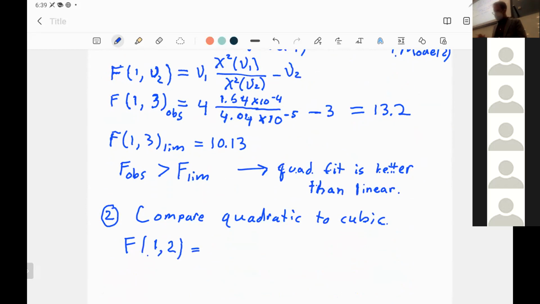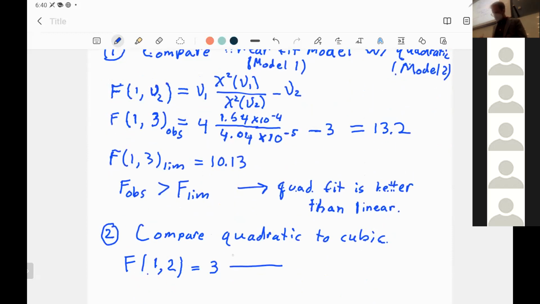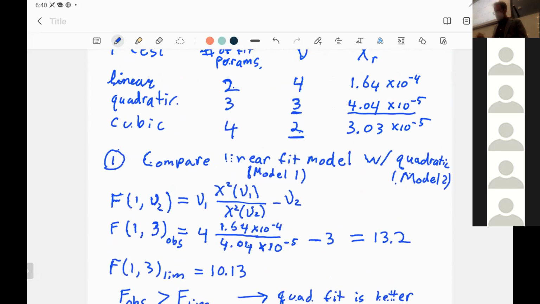And so that is going to equal the degrees of freedom for the first fit model, the quadratic one, that's 3 in this case, times chi squared for the quadratic model. That was 4.04 times 10 to the minus 5. It's this number here. And we divide by chi squared for the second model that we're comparing, with the greater number of fit parameters.